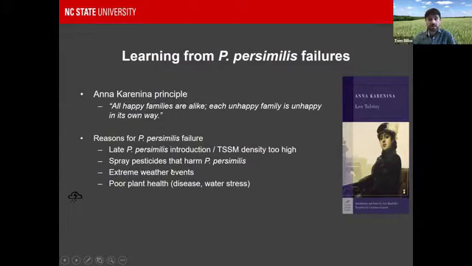Extreme weather events, we've seen this set back releases before, where you get Persimilis out and then a huge thunderstorm can come through and just wash out the field, and that can really disrupt things. And this last one's a bit tricky: if the plants where you release Persimilis were struggling for whatever reason, they got set back because of water stress or disease, this can actually have a significant impact on how good of a Persimilis factory that area is. And so if the plants are not doing well, the Persimilis won't do well.